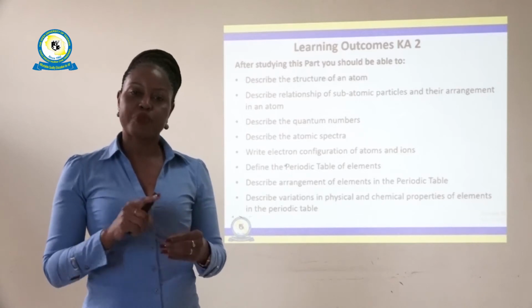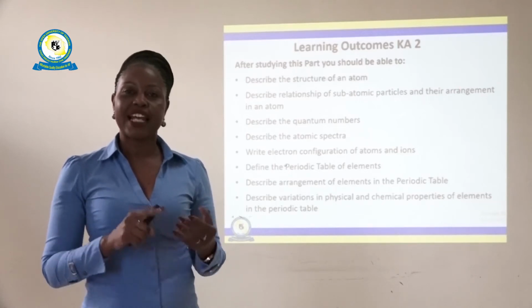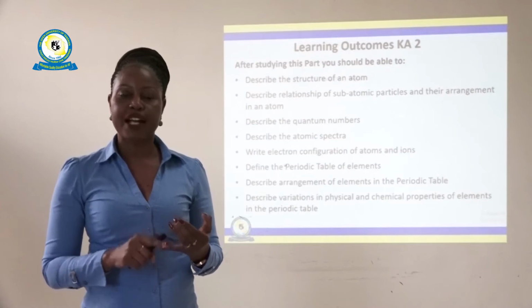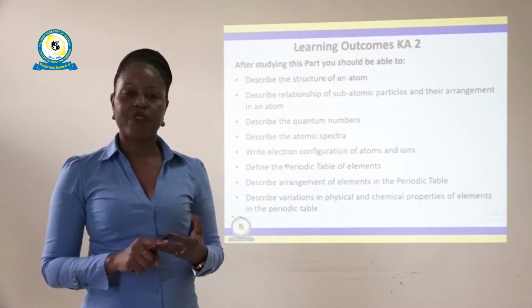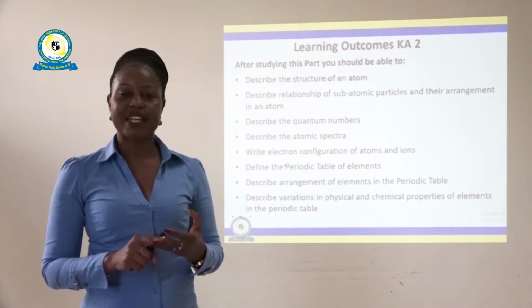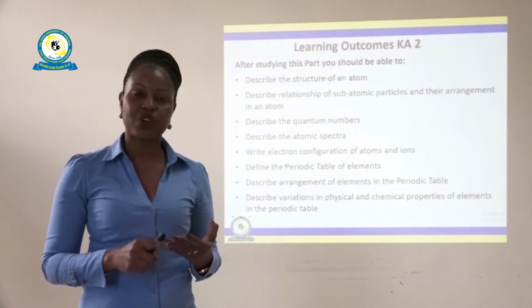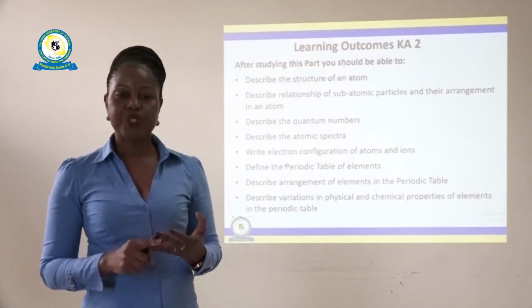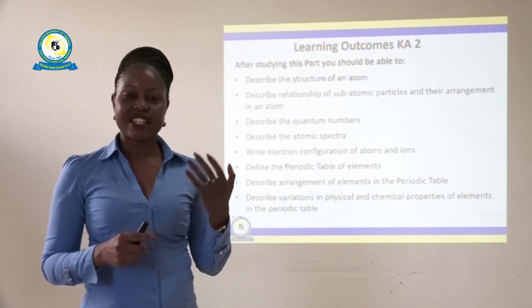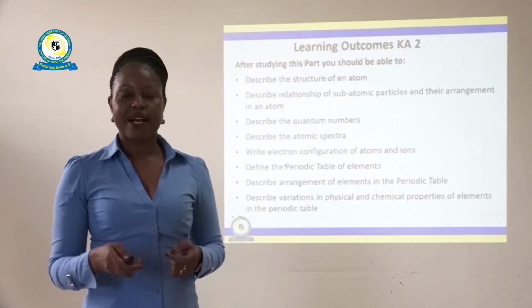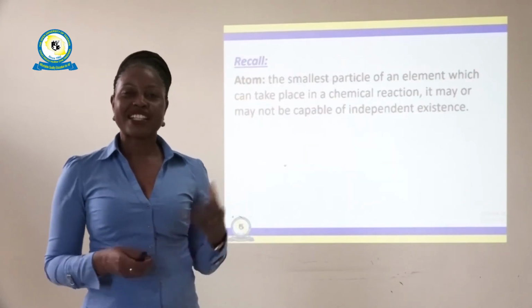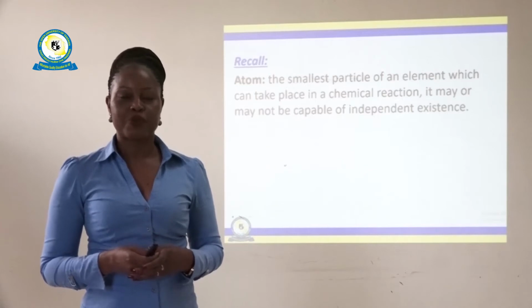Also, you are supposed to be able to write electronic configuration of atoms and ions and define the periodic table of elements, including describing the arrangement of elements in periods and groups, as well as the variation in chemical and physical properties among these elements.